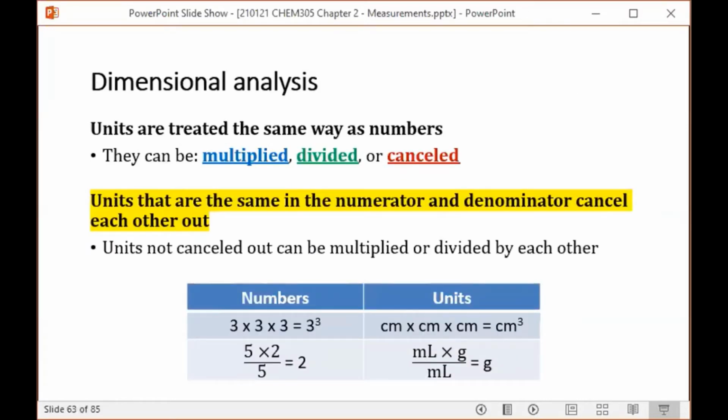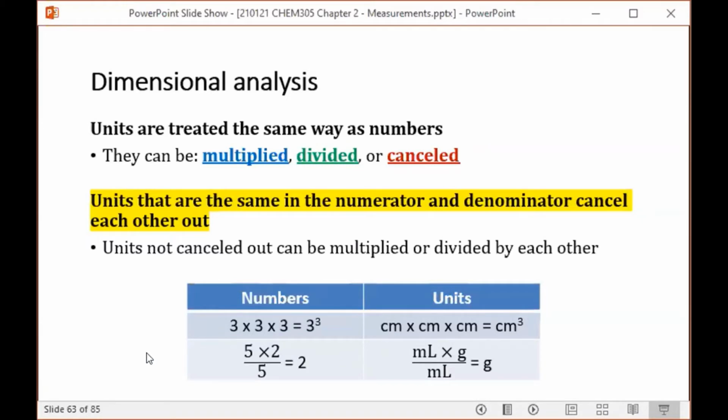So in dimensional analysis, units are treated the same way as numbers. They can be multiplied, divided, canceled. And so just like a quick math review with numbers, let's say you multiply 3 numbers together, 3 times 3 times 3. Another way to write that is 3 cubed, 3 multiplied by itself 3 times. We do the same thing in dimensional analysis with units. So if you have a number with centimeters times centimeters times centimeters, that's the same as centimeters cubed.